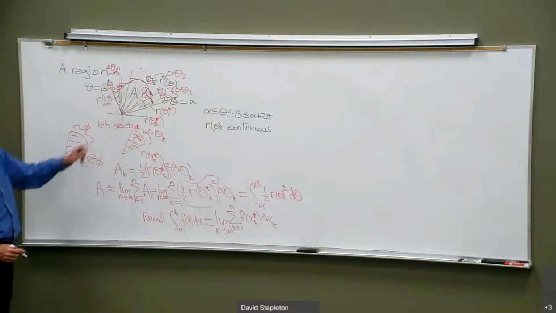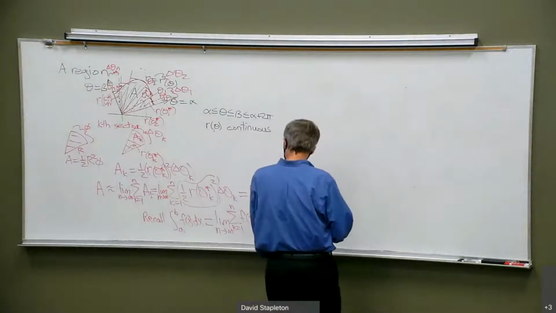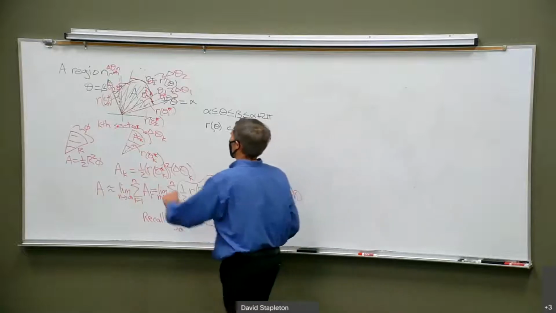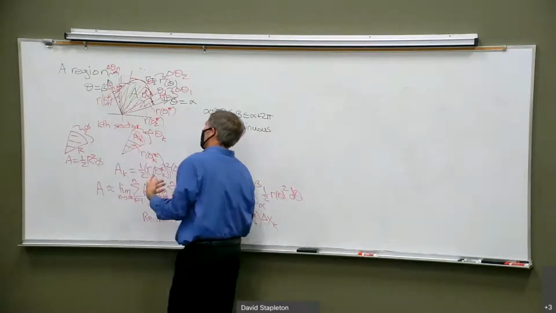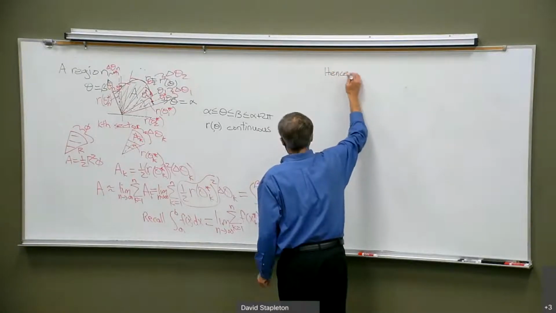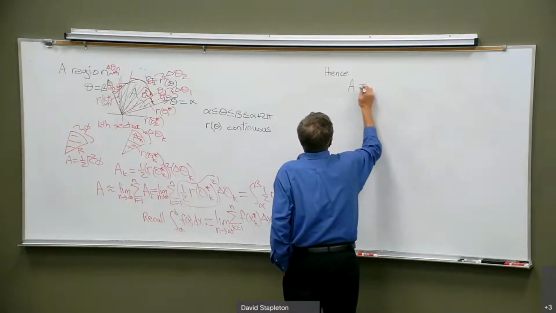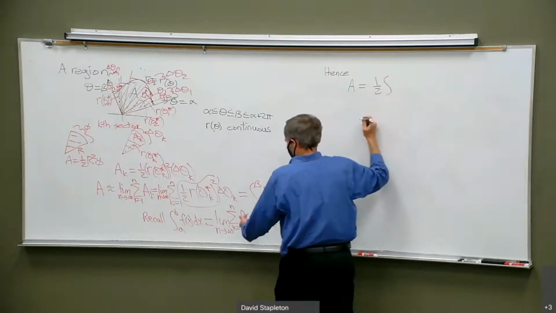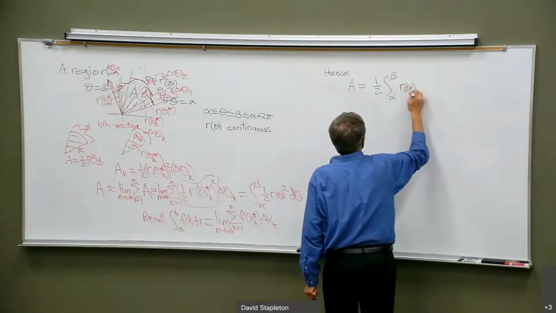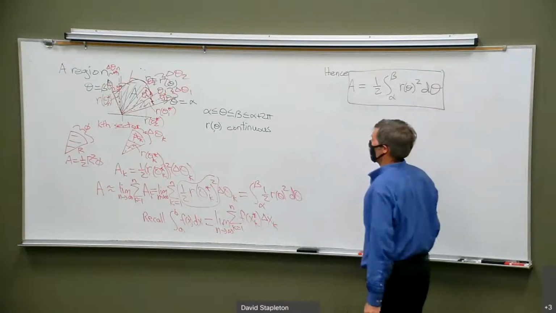So for these kinds of areas, we have this definition, if you will, but motivated by the fact that you get the same area whether you inscribe or circumscribe, and the limit, they all become the same. Hence, A is then equal to 1/2, you can pull the 1/2 out of here, integral from alpha to beta of r of theta squared d theta is the area formula for that type of region.